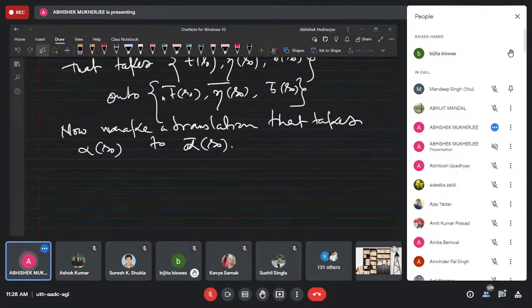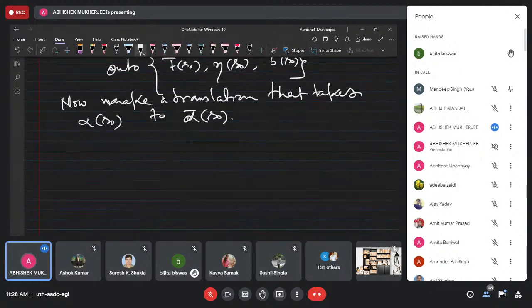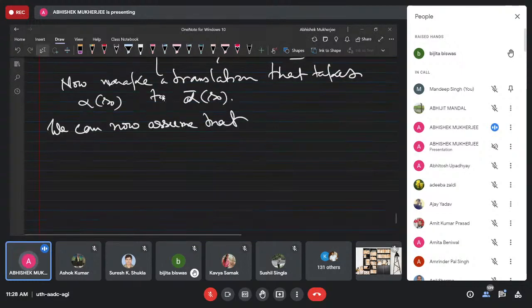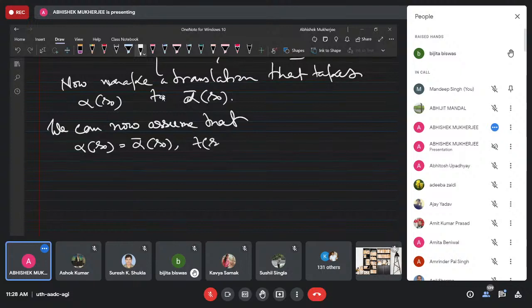So this says that by means of a rigid motion, you can assume that these are equal, just by using a rigid motion. Okay. So at the point s naught, you can assume this.